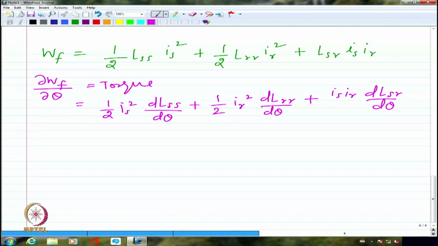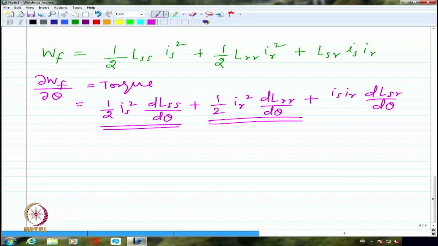And these two are due to the self-inductance variation of the stator and rotor respectively. The self-inductance, will it vary or not? It depends upon the structure of the machine.